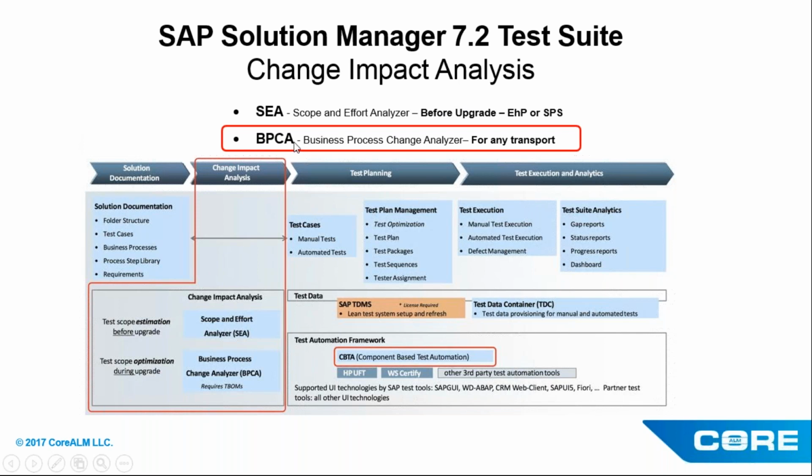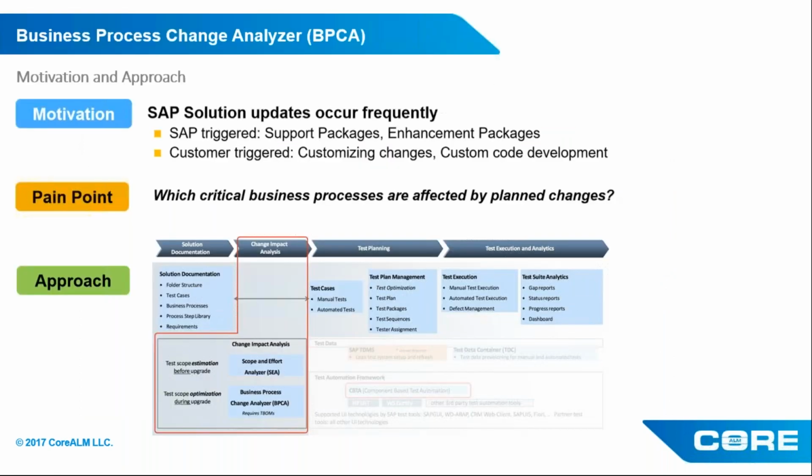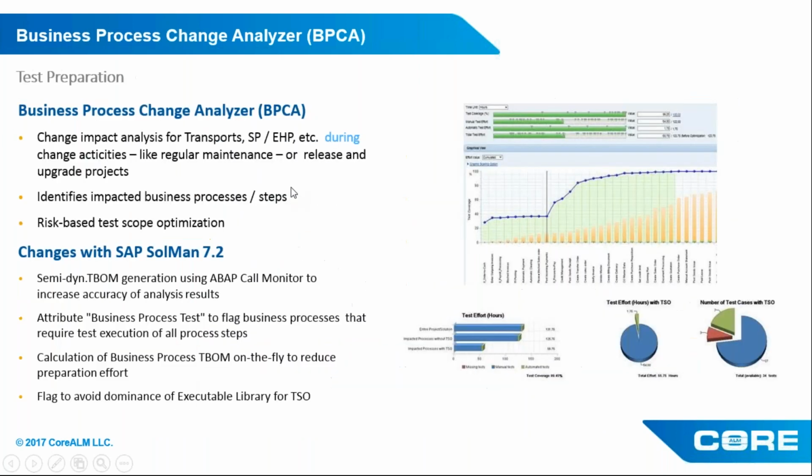Once you install it, you would run BPCA to find out what differences there are between what your plan was and what it is once you have it in the system and start making changes. So again, this is for support packs, enhancement packs, and determining what the critical process is affected by change.